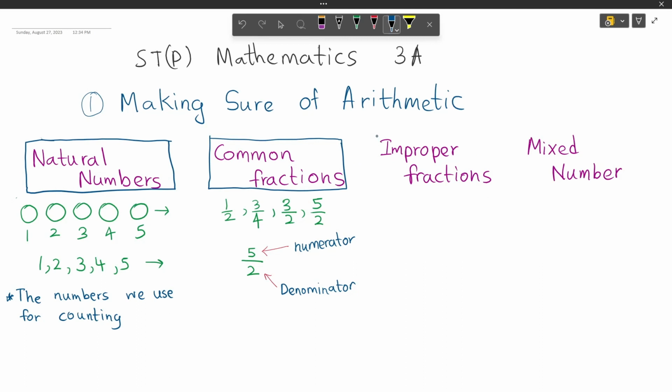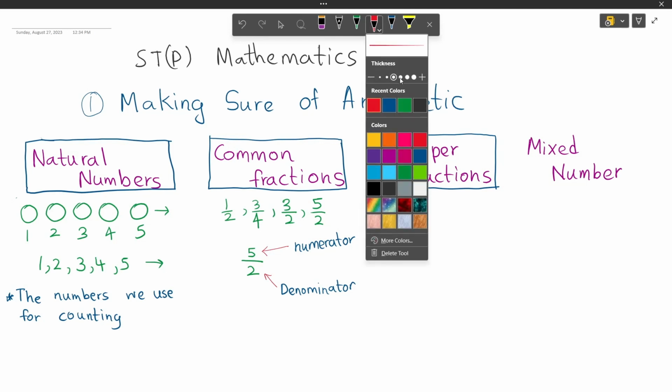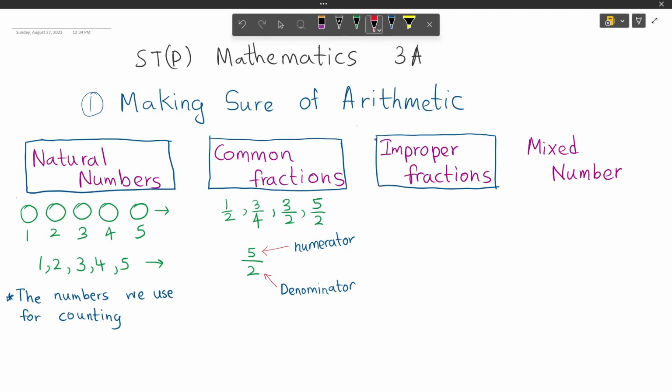You can write it like that, with an arrow saying belongs.